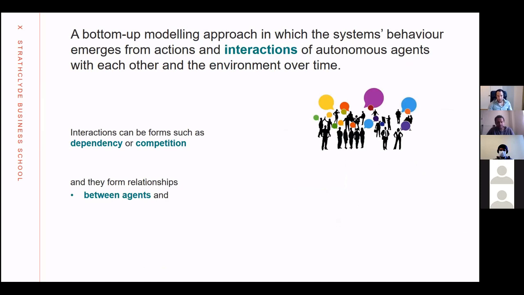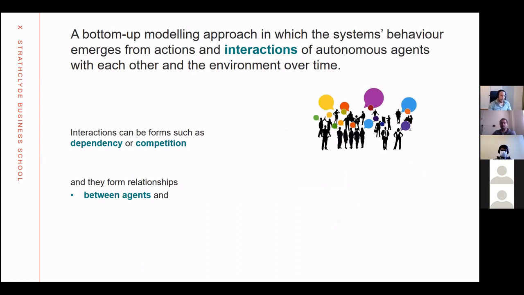And then we have the other component which I mentioned, which is interactions between those autonomous agents and the environment as well. Those interactions can take forms such as dependency or competition. They might depend on one another. Say in a supply chain model, you might depend on your supplier to produce some sort of good, or there might be some sort of competition between different agents.